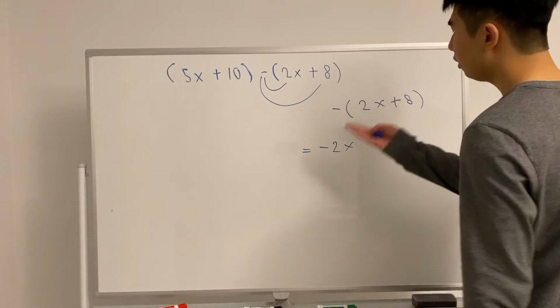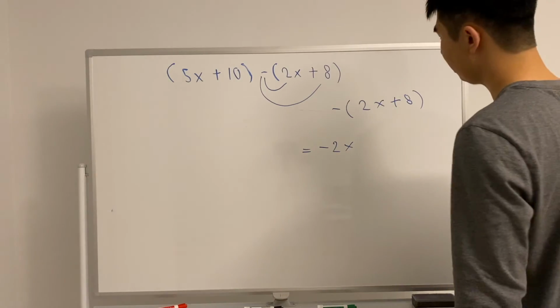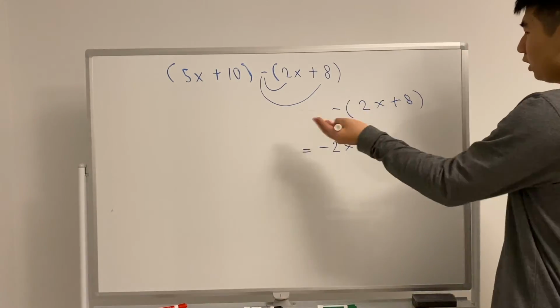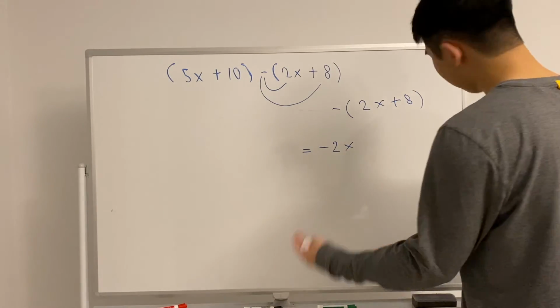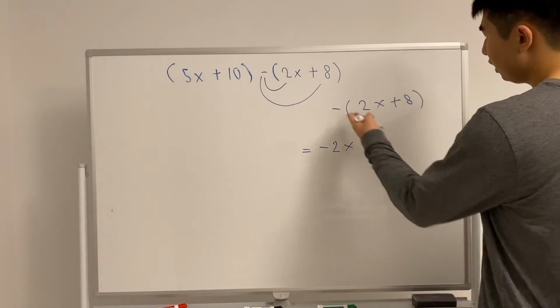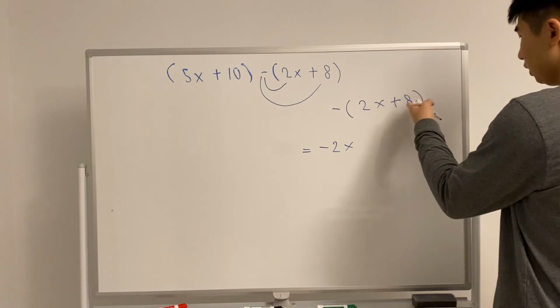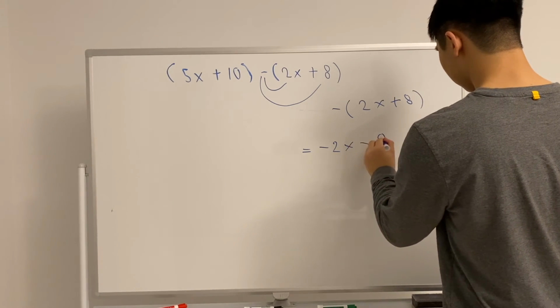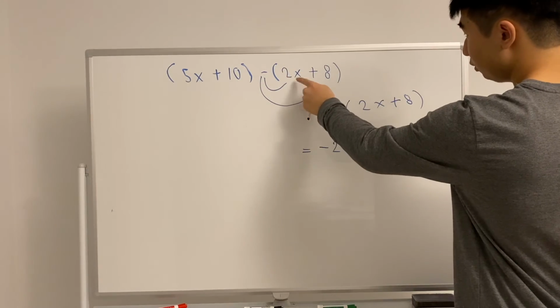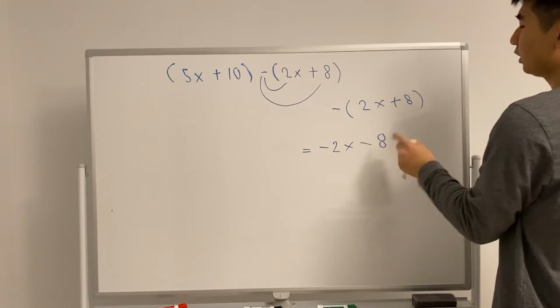Okay? You have to know some grade 8 stuff here. I'm not going to go over that. So if you don't know how to add and subtract integers and stuff like that, go watch a video on it. But I'm not going to be covering it. And then we have -1 times 8, positive 8. That's just -8. So therefore, this 2x plus 8 becomes -2x minus 8.